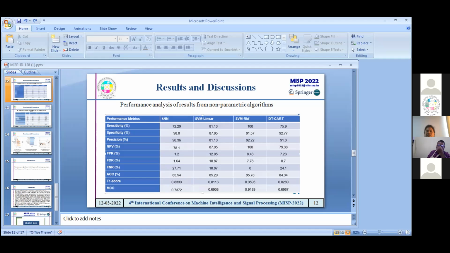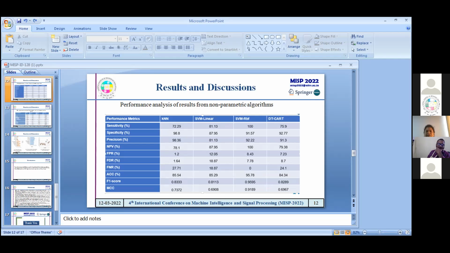This is where we came to the conclusion that, when we compared the performance of parametric and non-parametric classifiers using various quantitative measures, SVM was performing better, and it has very good class discrimination ability. It was significant in differentiating unseen samples into whether the sample is afflicted with the disease or not.